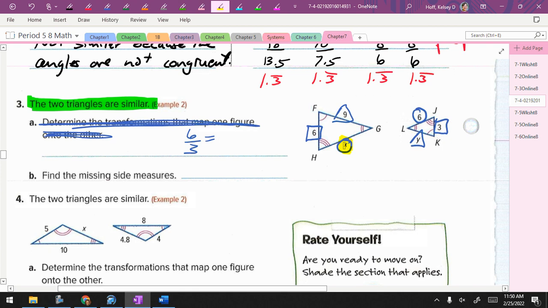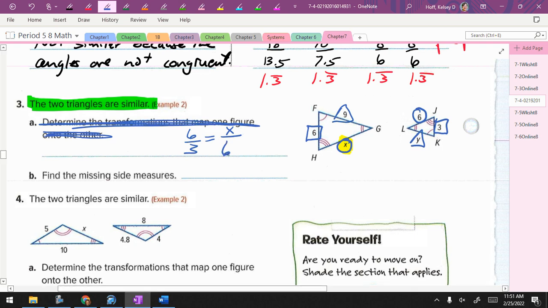Is X in the same triangle as the 6 or the 3? The 6. So it needs to be in the same location in the fraction as the 6. The 6 is in the numerator, so X goes in the numerator. What other side matches up with X? 6.